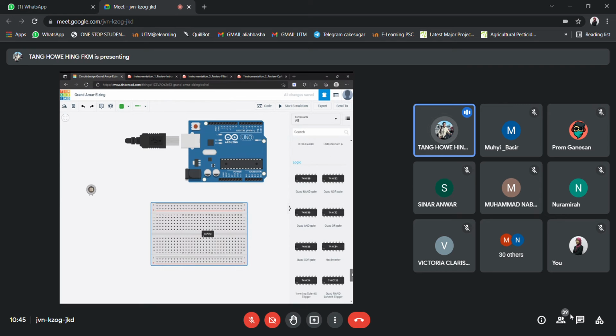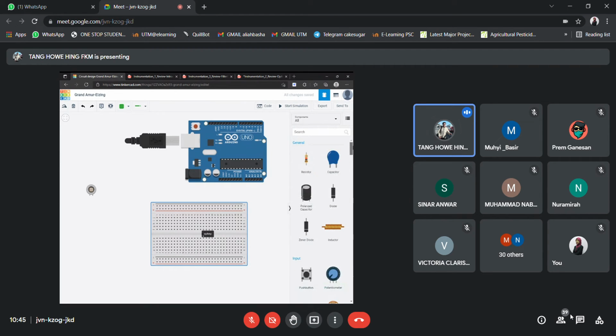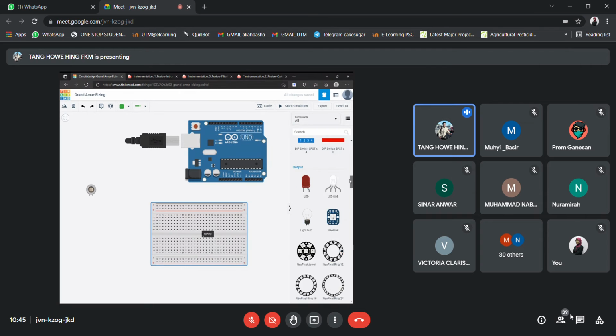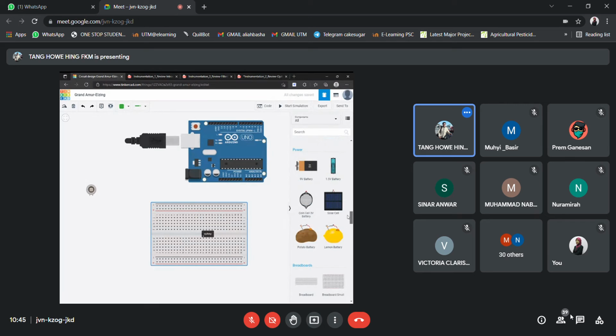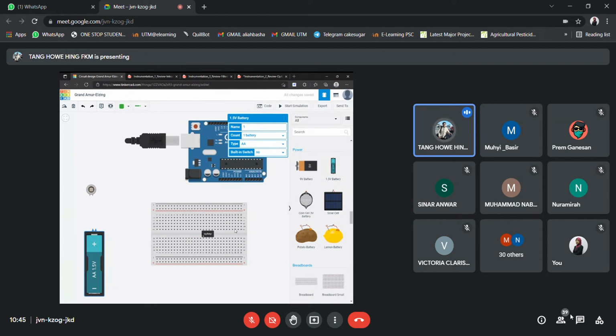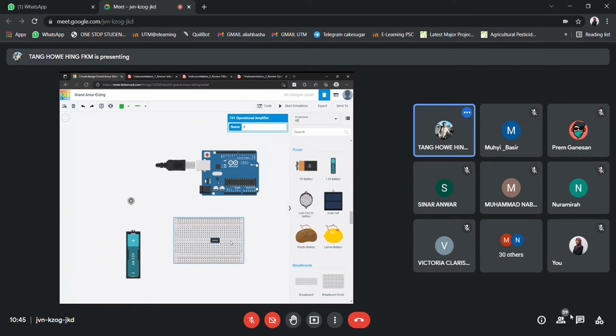And then what I need to do is get two batteries. Where are the batteries? All right, these are batteries. Okay, rotate it. And then let's make it 4 batteries.